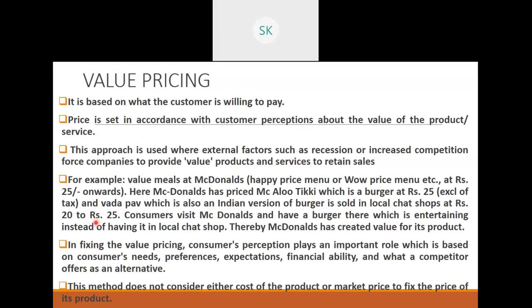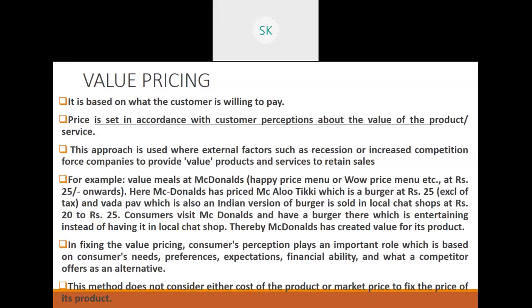In McDonald's it is all colorful, the ambience is nice to spend time, so they go to McDonald's to eat the same burger. But in the local shop you don't get that entertainment or that ambience to sit and spend time with your friends or any loved ones. In that scenario you would prefer to go to McDonald's. So that is value pricing.